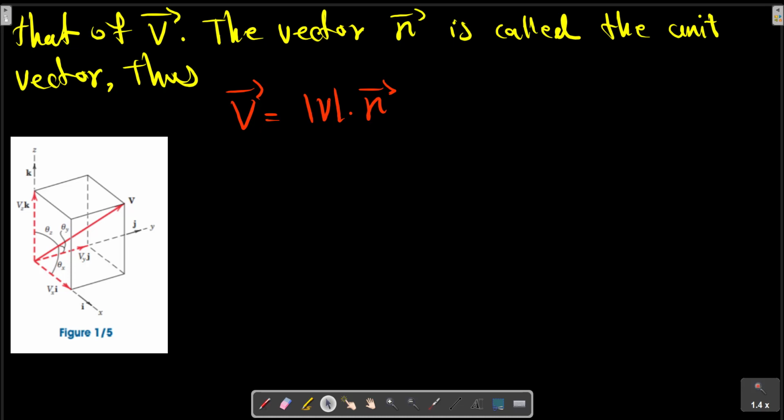In many problems, particularly three-dimensional ones, it is convenient to express the rectangular components of V in terms of unit vectors i, j, and k.